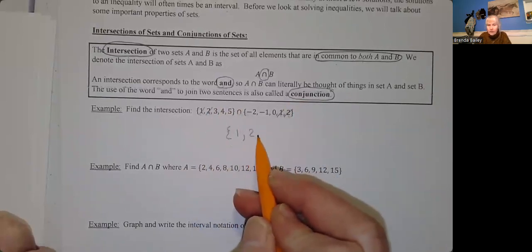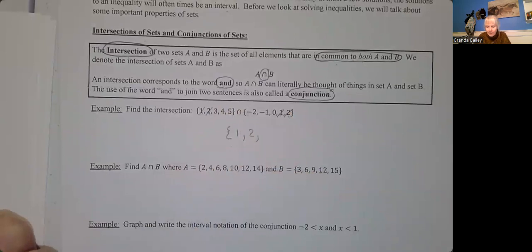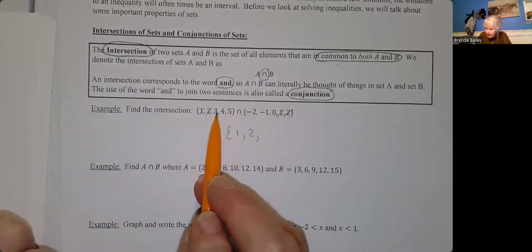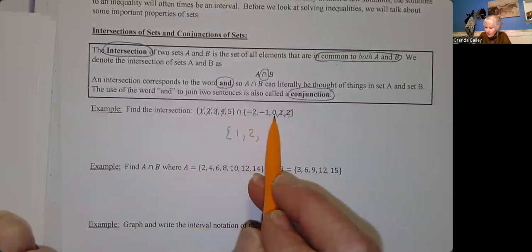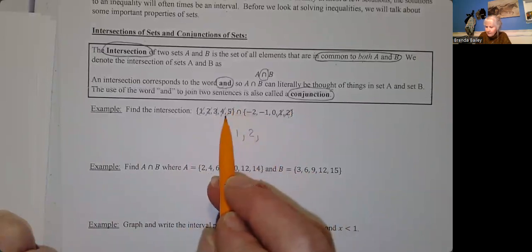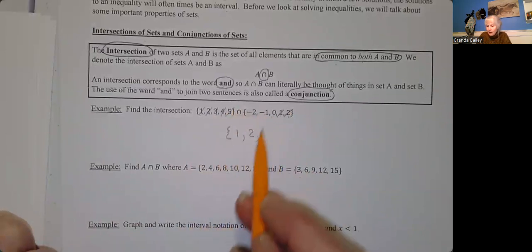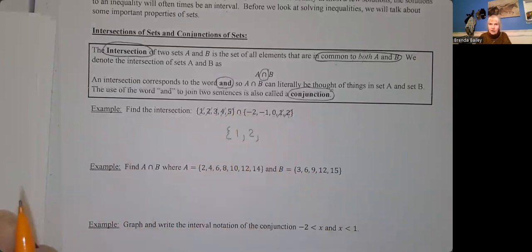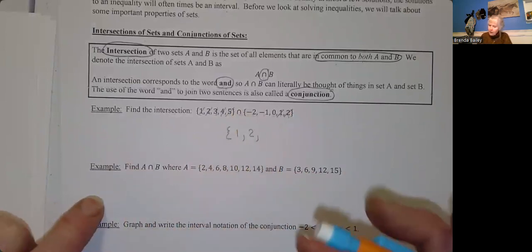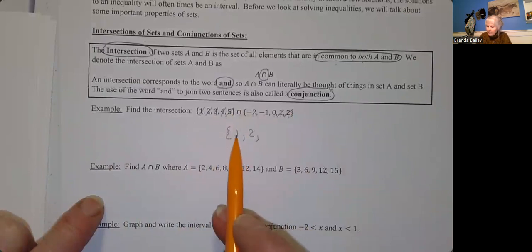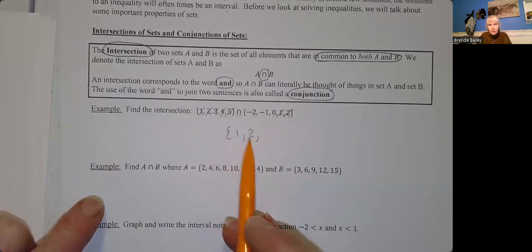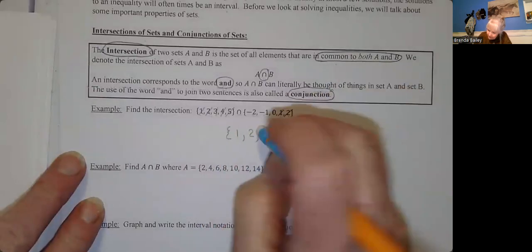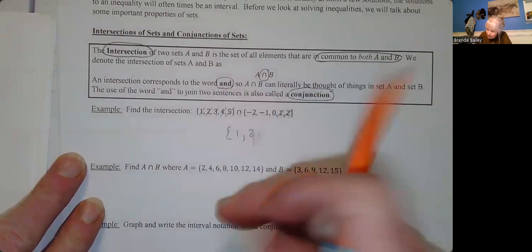So we have the number 2, again in common. 3 is here, but it's not over here. 4 is in this one, but not in this one. 5 is in this set, but not in this set, so we do not include it in our intersection, our conjunction. The only numbers that both of these sets have in common are 1 and 2. So our solution set, I erase my comma because there weren't any others.